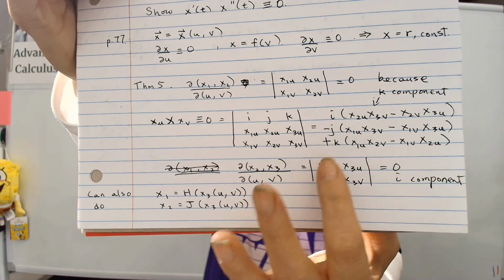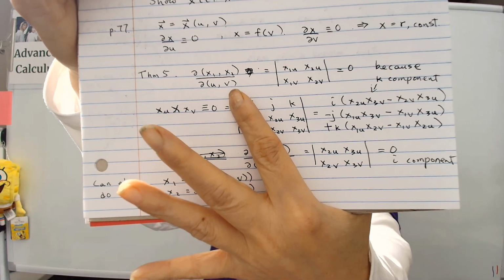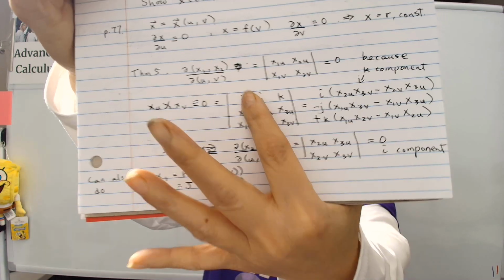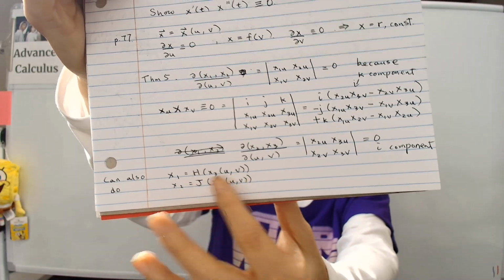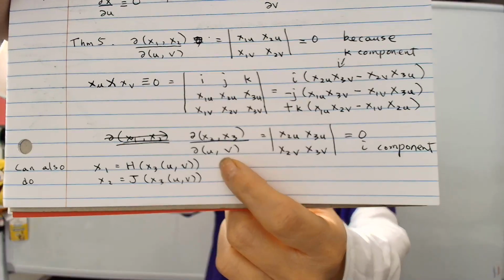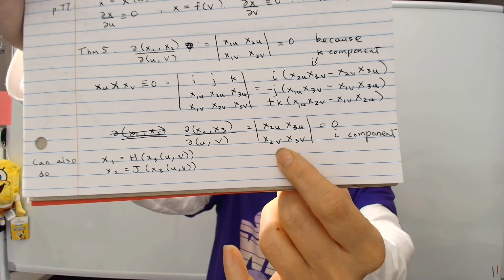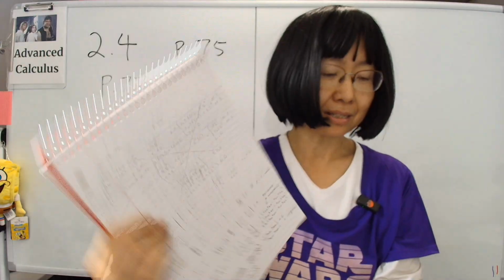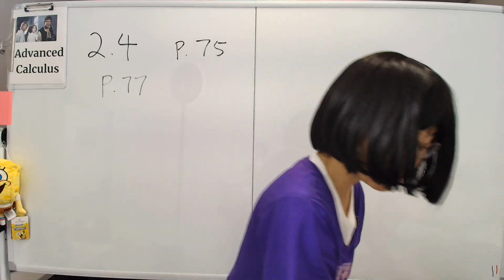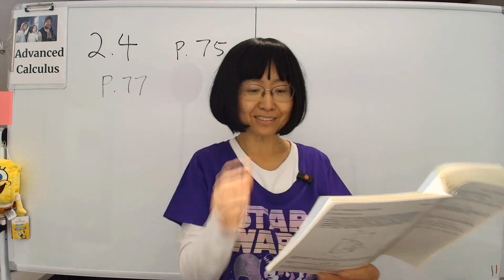Now, the Jacobian of x1, x2 against uv is the component for k, so that has to be 0. The other one, the Jacobian of x2, x3 against uv, is the i component. So that's why these two Jacobians are 0, because of hypothesis 1 if you write it out. It's not obvious if you don't bother to write it out.